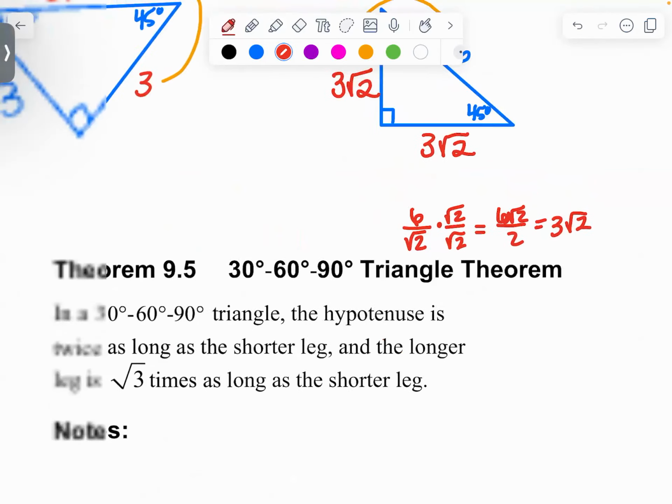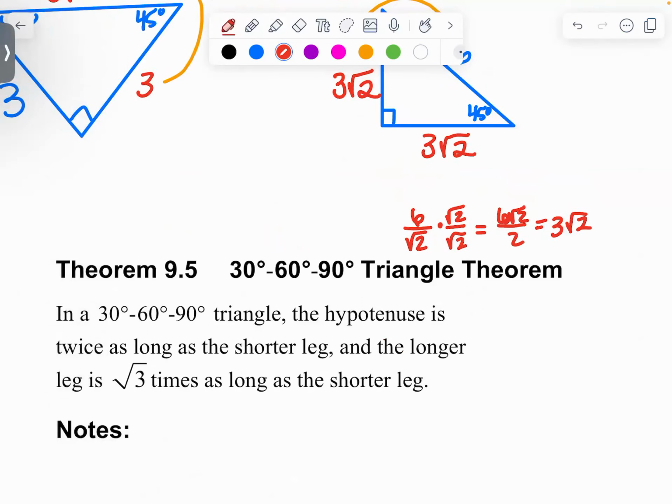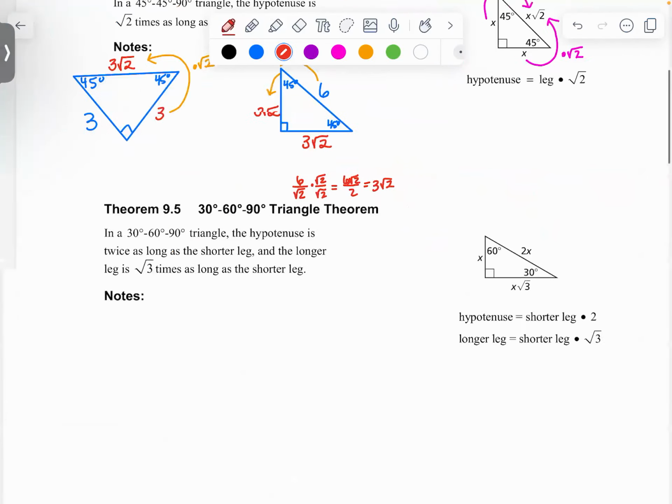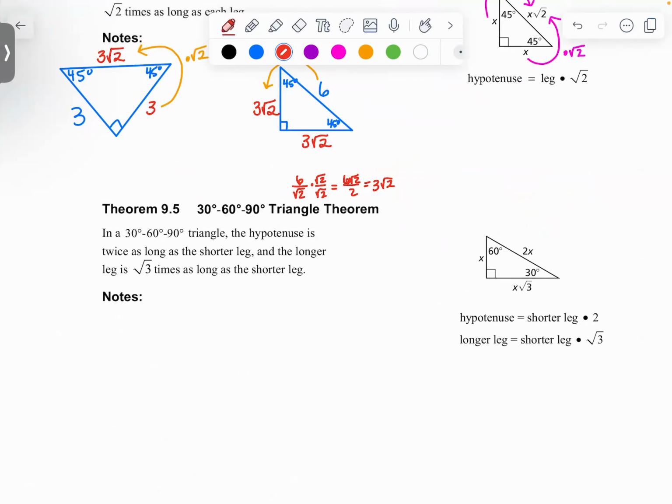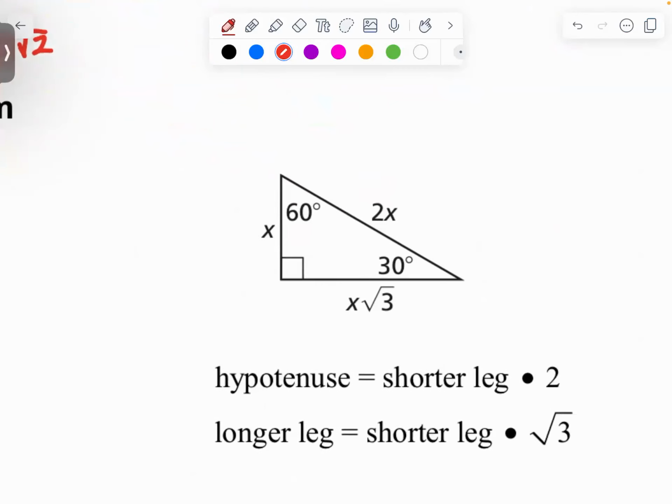Okay. All right, so let's go back to our student journals and let's talk about our 30, 60, 90. Okay. In our 30, 60, 90, everything that we are going to talk about is based off of the short leg. Notice how the short leg is always going to be across from our smallest angle, 30 degrees.